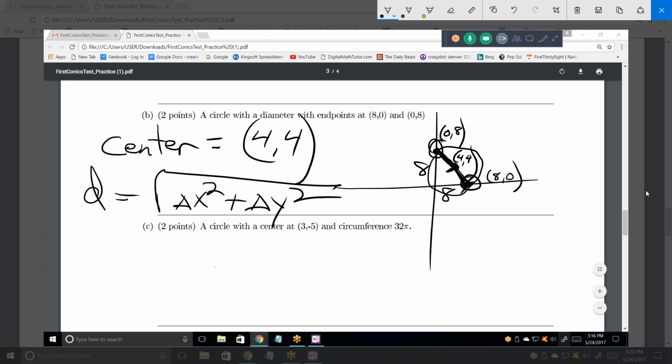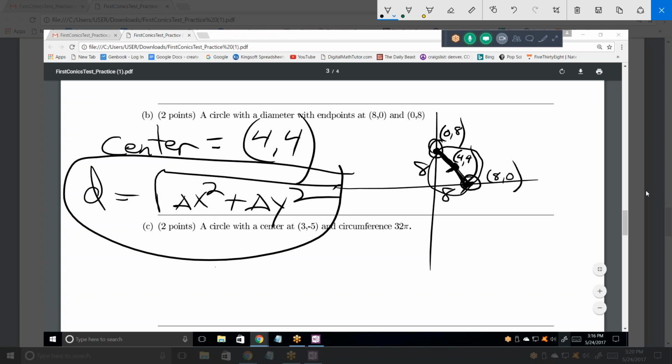If that's a vertical or a horizontal line, you shouldn't have any trouble coming up with it. If it's a line with slope, like this is, then the best way to look at it is that it's the hypotenuse of a right triangle. Correct?